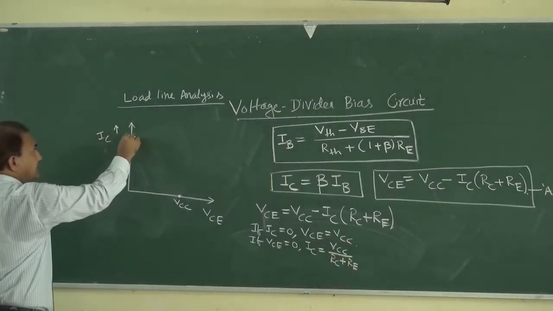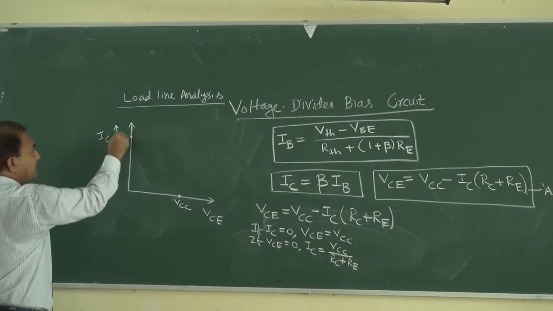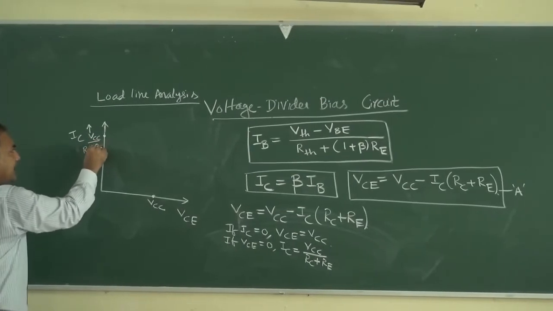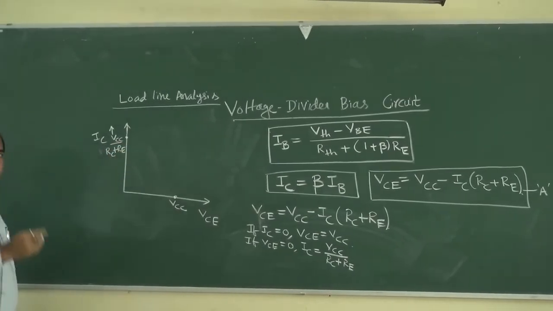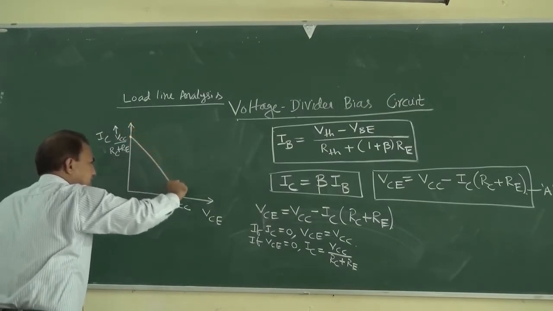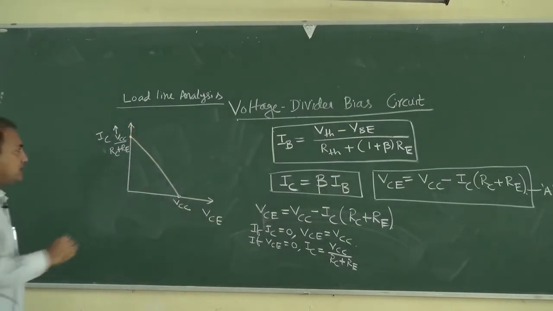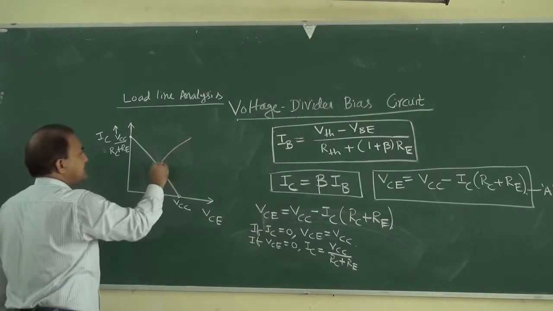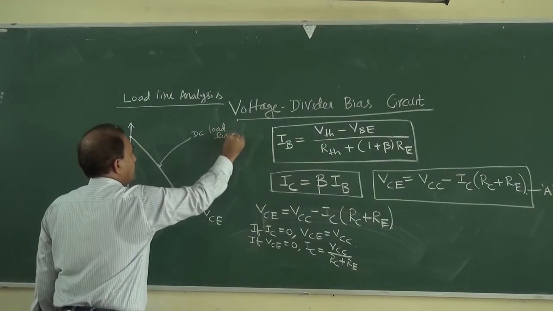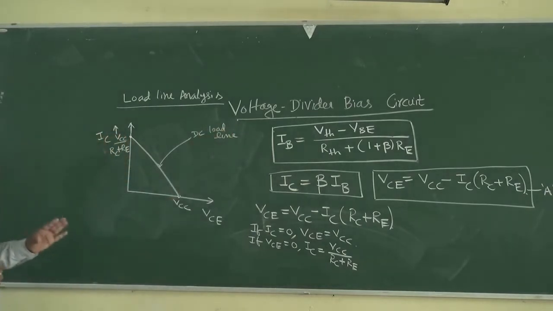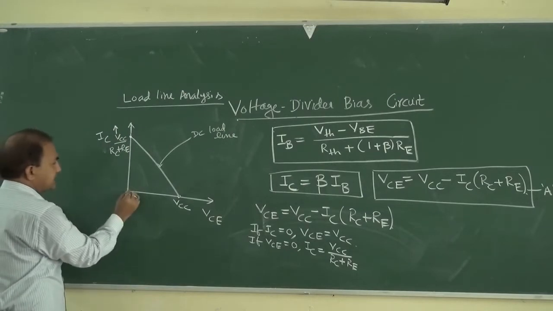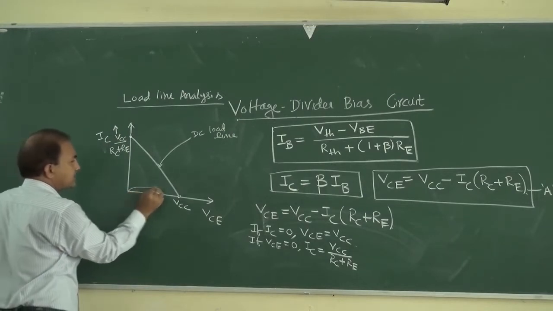So this point is VCC divided by RC plus RE. Okay. Now we can connect these 2 points. So this is the DC load line. Okay. And the output characteristics will look like this.